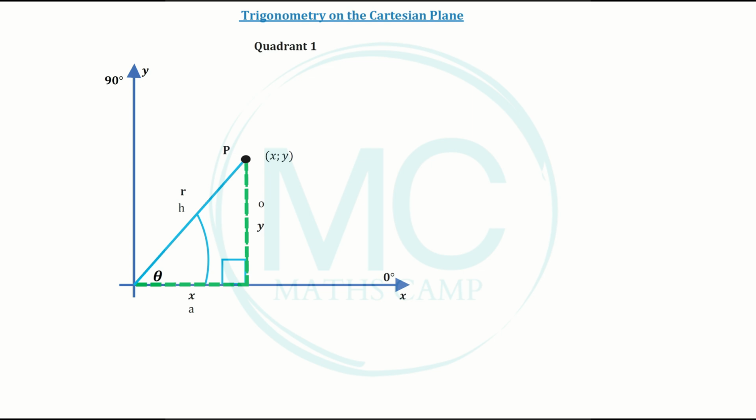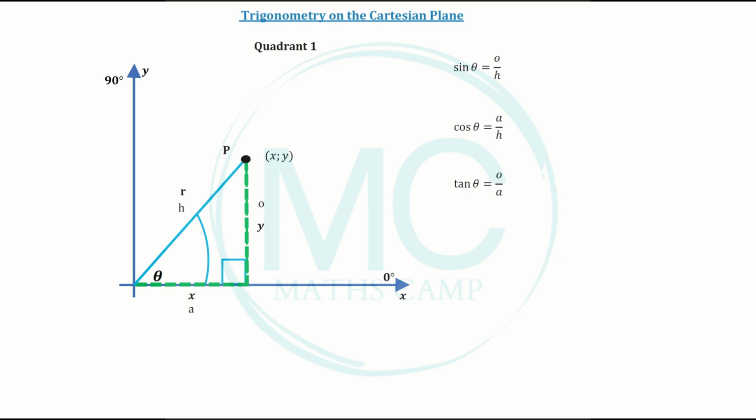With this information, let's look at our sine, cos, and tan ratios. We have used SOHCAHTOA and learned that sine theta is equal to the opposite side over the hypotenuse. Cos theta is equal to the adjacent side over the hypotenuse. And tan theta is equal to the opposite over the adjacent side. Now we can use x, y, and r to find our new ratios.